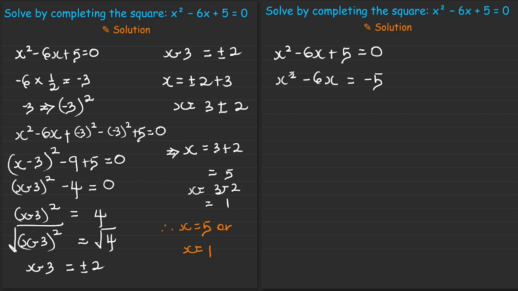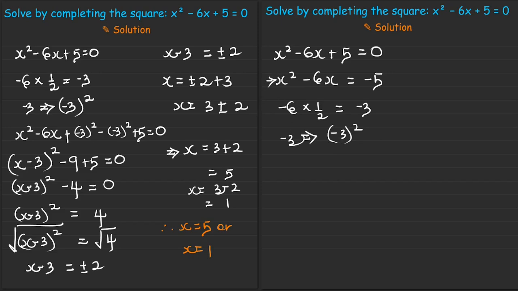Don't be tempted by factorizing out your x over here. It doesn't always work. So using the method of completing the squares, our b is still negative 6. So we find the half of negative 6, which gives us a negative 3, after which we then square the negative 3. After squaring it, this particular method says you add to both sides.